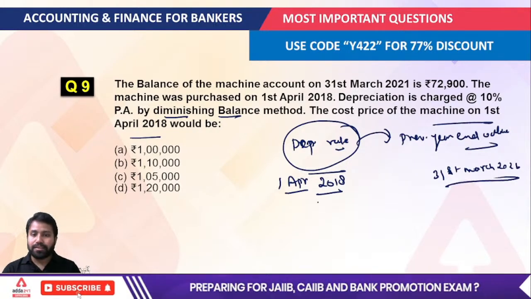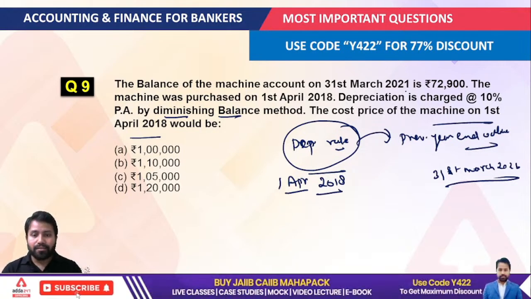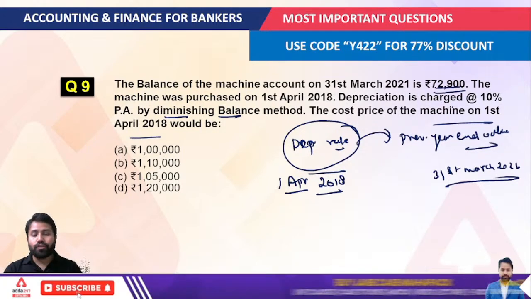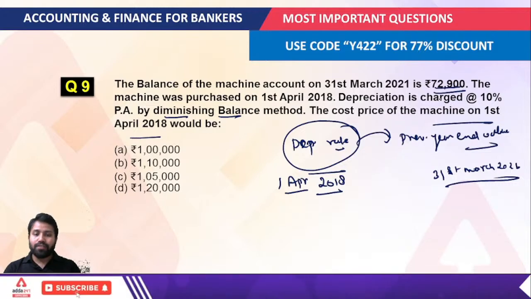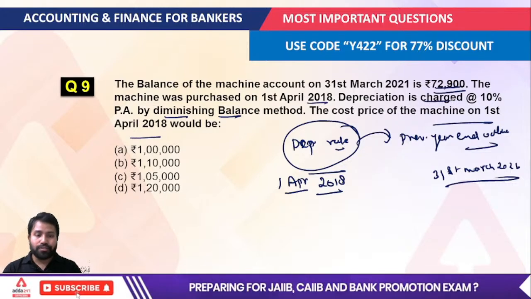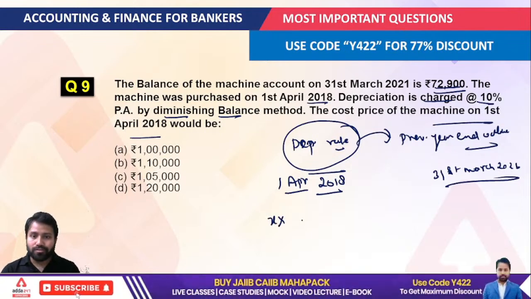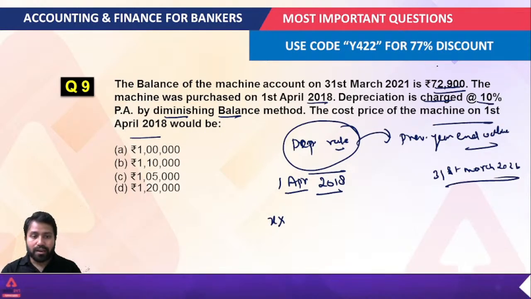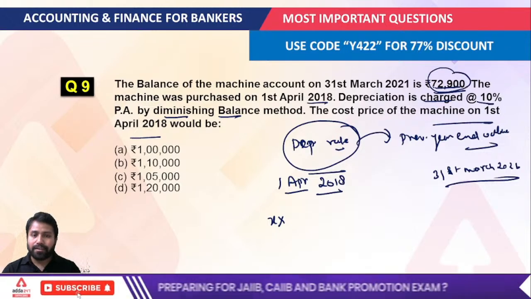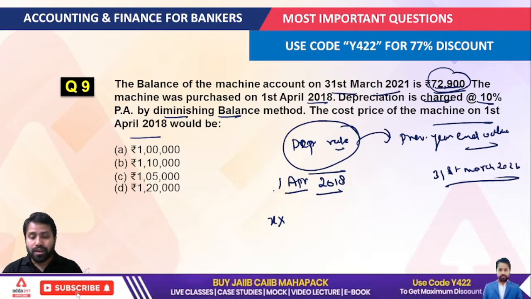That means this is considered as 3 years, and the balance of the machine is 72,900. How to solve this kind of question? The value given is 72,900, which we have on the 31st March 2021. We have to find out the cost price.